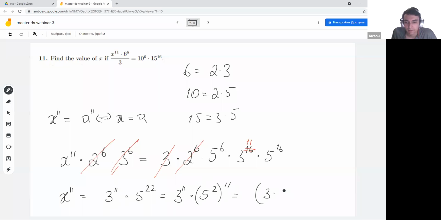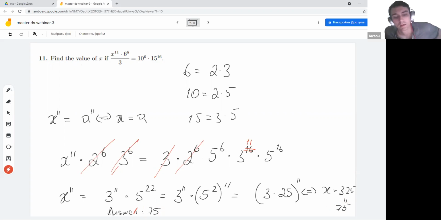So I can rewrite it like this and obtain what I wanted. Just one number for x. So according to this, x equals 75. And I'll just, because we have such a tradition, write the answer here.